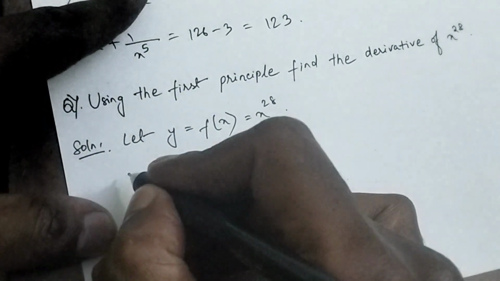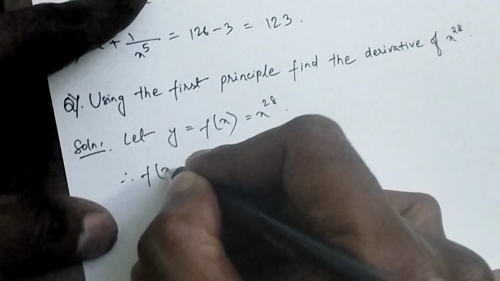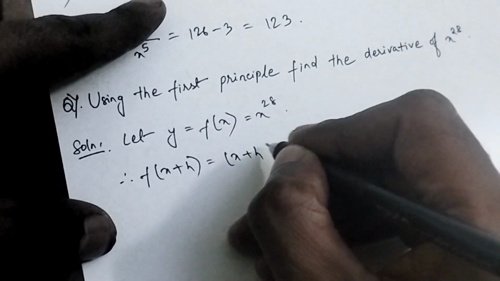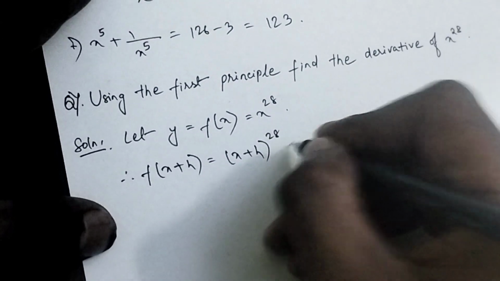So therefore f of x plus h will be x plus h to the power 28, right?